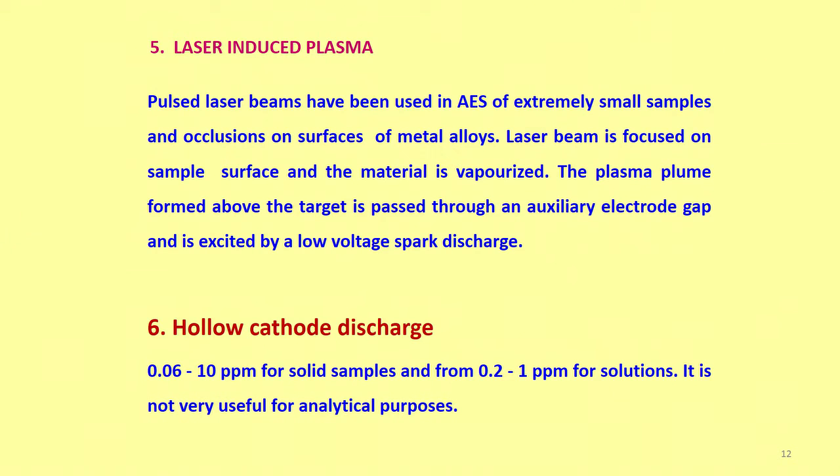This I have taught you when I was teaching in a previous course on atomic absorption. There we use hollow cathode lamps as a source for atomic absorption radiation, because if I make a tungsten lamp, you must have seen tungsten bulbs, earlier tungsten bulbs used to come in all houses.